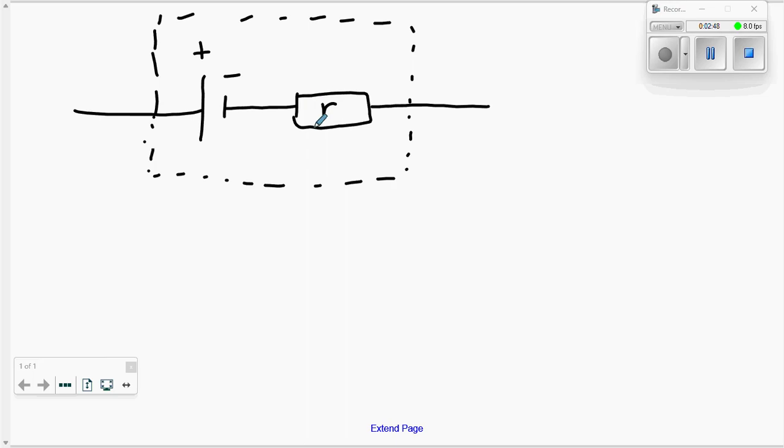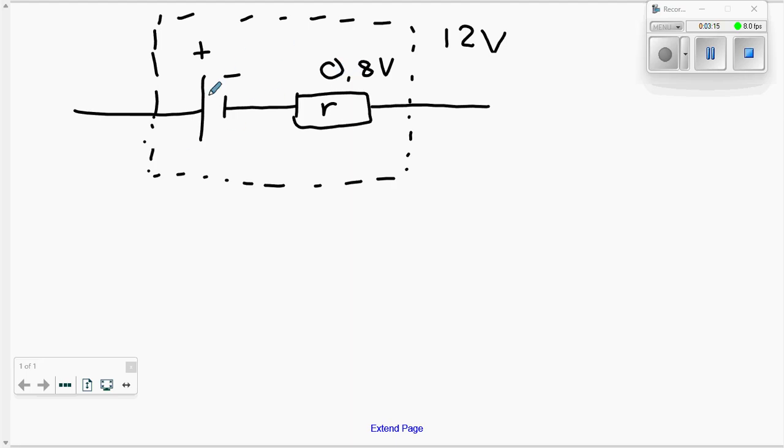From this resistor. So if I tell you that this whole battery is 12 volts, okay, its potential difference is 12 volts. That means in this field here, in this dotted line, it's 12 volts. But then I tell you that the resistor needs to use 0.8 volts to be able to push the charge through the circuit.